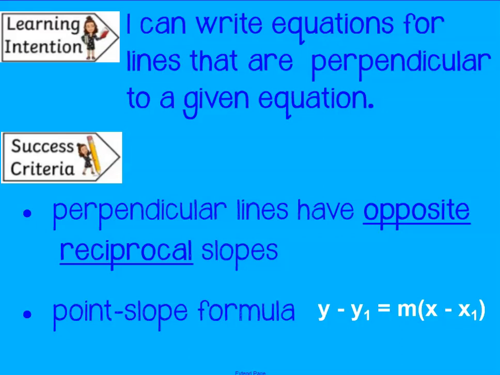By the end of this lesson today, you should be able to write equations for lines that are perpendicular to an equation or to a pair of points that I give you. And in order to be successful, you have to know that perpendicular lines have opposite reciprocal slopes. In addition, you have to be familiar with the point-slope formula. We'll be using that again today in this lesson.